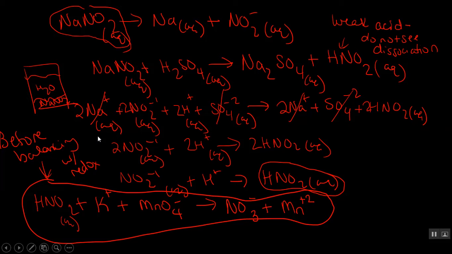This is our equation. And truly, I should have potassium over here as well, which is why potassium actually is gone. So really, our equation is just nitrous acid and permanganate makes nitrate and manganese. So the question is, how does that happen?